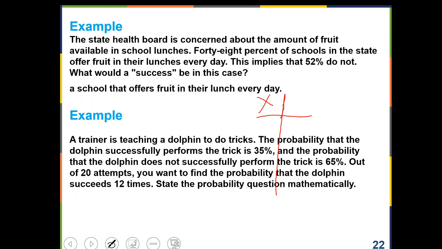How many successes can the dolphin have? Well, it can have 0, 1, 2, all the way to 20 successes. And each of them has a probability. So this is a probability distribution which is binomial, because there is a probability of success, and we do it a fixed number of times, and they're all independent every time the dolphin does it.